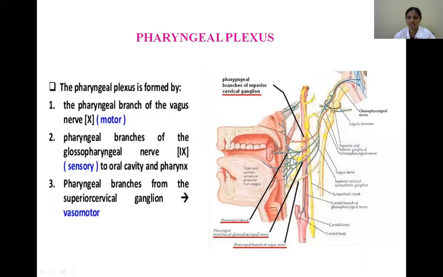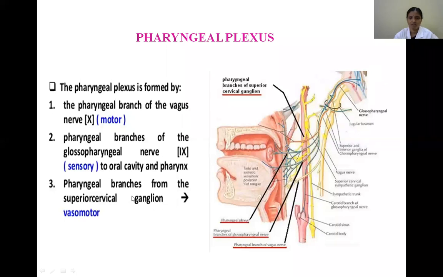So these three main branches form a plexus. And what is the location of this plexus? On the wall of the pharynx, on the buccopharyngeal fascia, and mostly on the middle constrictor, on the surface of the pharynx, where we can see the formation of the pharyngeal plexus.